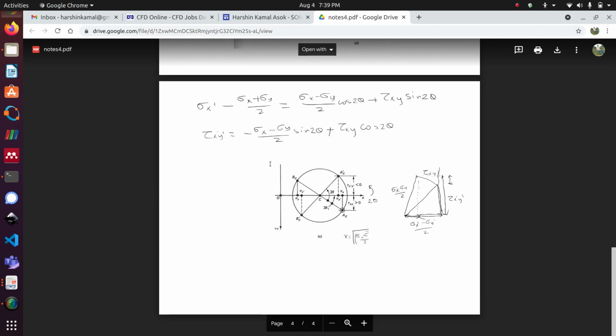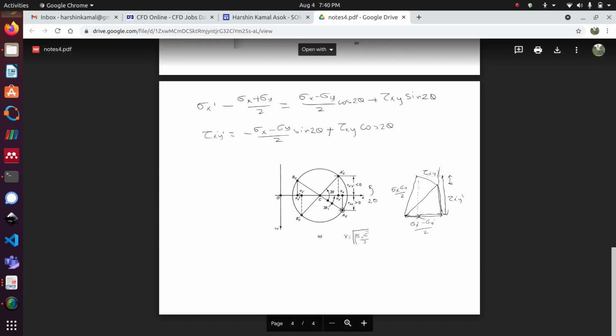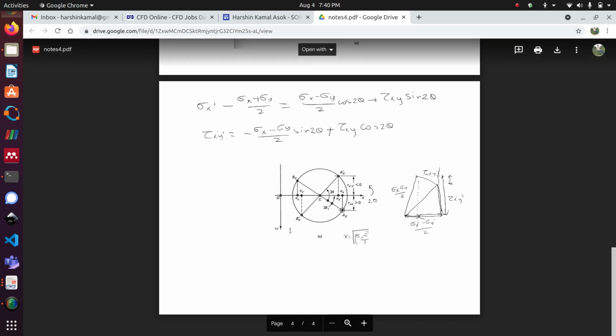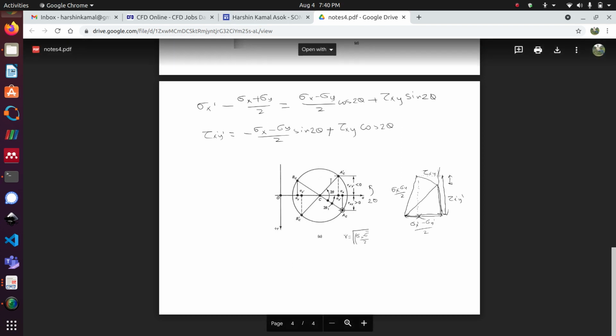And using geometry, this is now much easier. The maximum value will be here for normal stress, the minimum value of normal stress will be here, and the maximum value of shear stress will correspond to the coordinate system where the diagonal of the circle is drawn parallel to the y-axis.